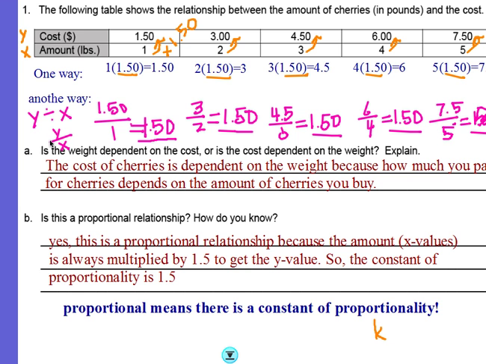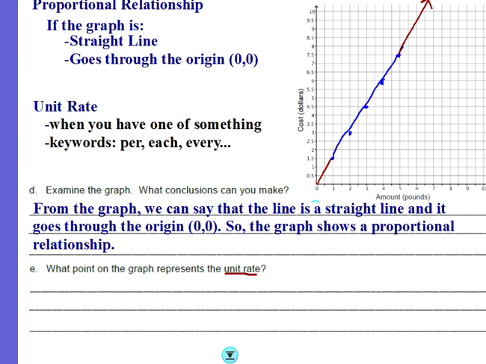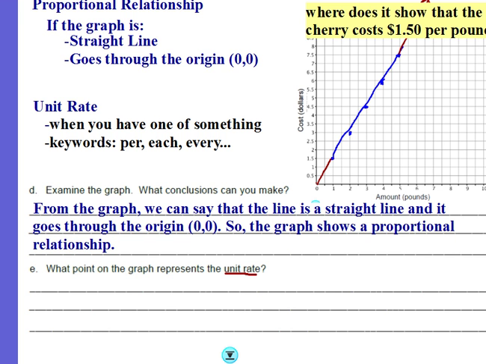Now, if you look at the graph, we said the cherries were $1.50 per pound. That's a hint for your unit rate. We need to find that unit rate from the graph. So where does it show on the graph that the cherry costs $1.50 per pound?